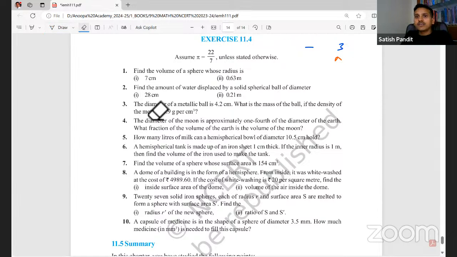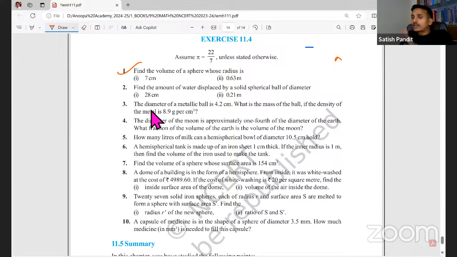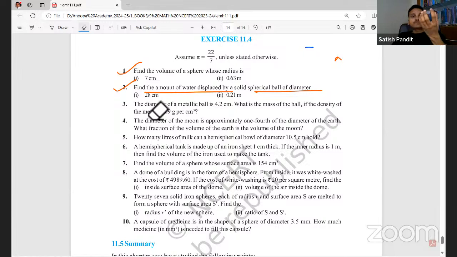You can all do this second question also at home, not right now, because the radius is given. In the second question, we have to find the amount of water displaced by a solid spherical ball of diameter. Diameter they have given. Suppose I have a glass, and I'm having a spherical ball.